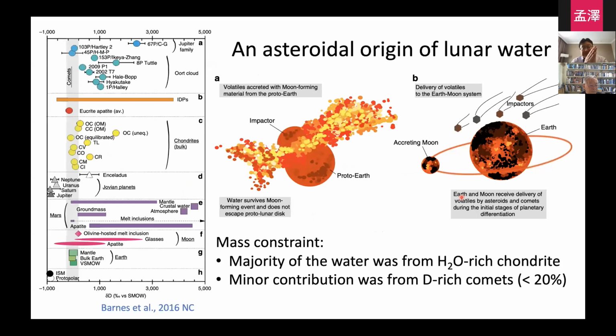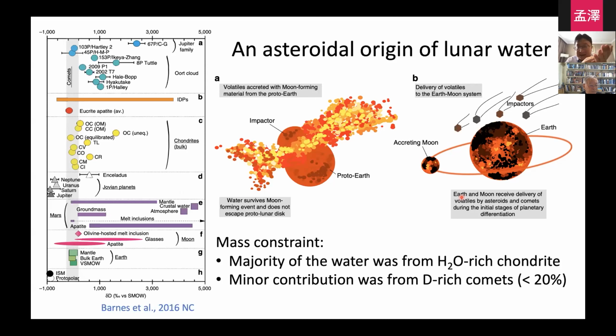On the other hand, Barnes and his colleagues used the hydrogen isotope data and mass constraint. They calculated that the majority of the water was from water-rich chondrite, with a minor contribution from deuterium-rich comets, but less than 20%. However, this water has to be delivered in a very short window in the moon formation.